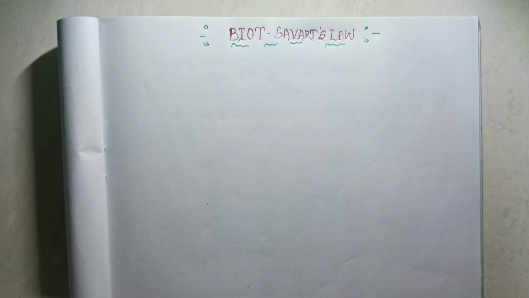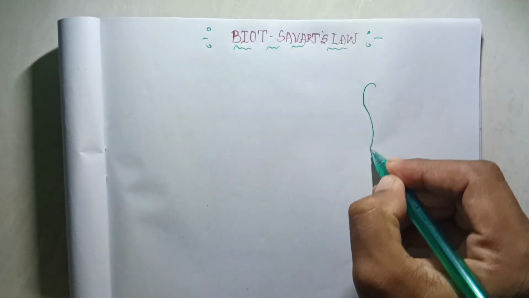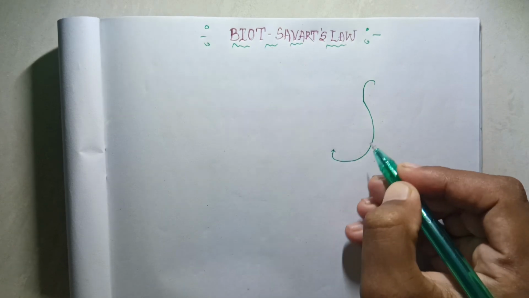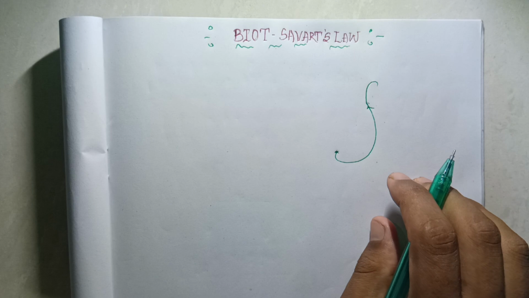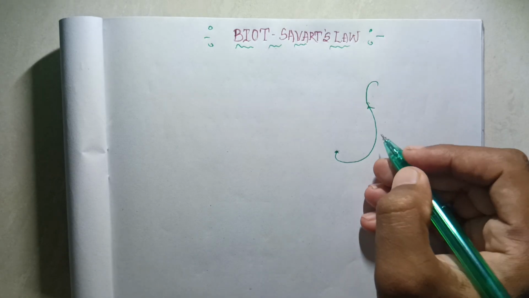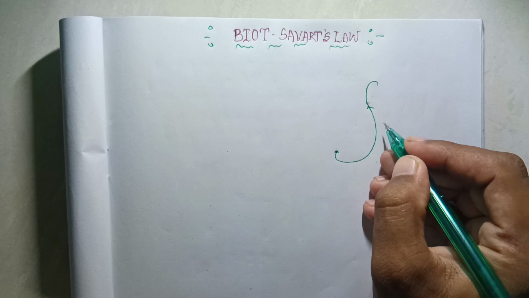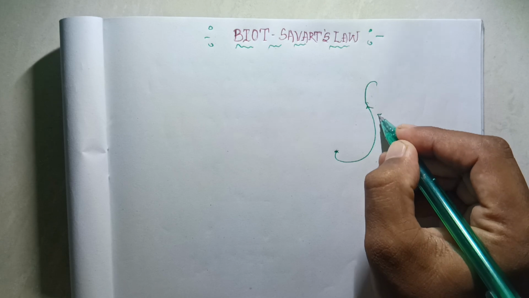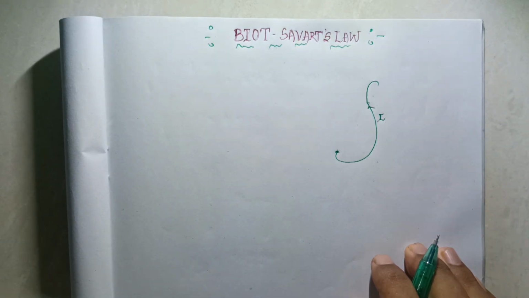Let us consider first a current carrying conductor, and current I is passing through the wire or current carrying conductor.